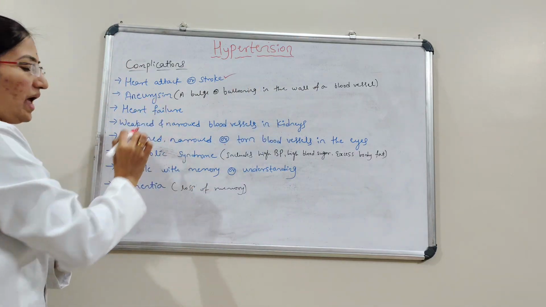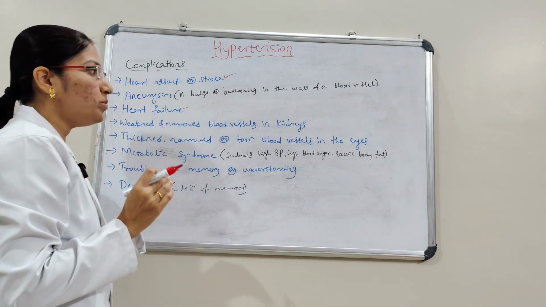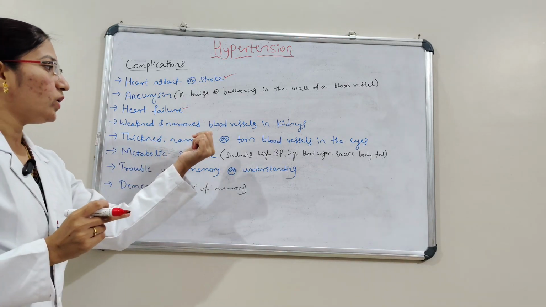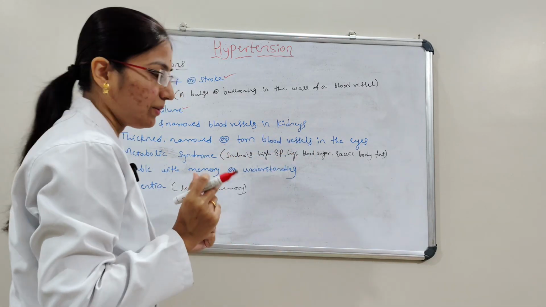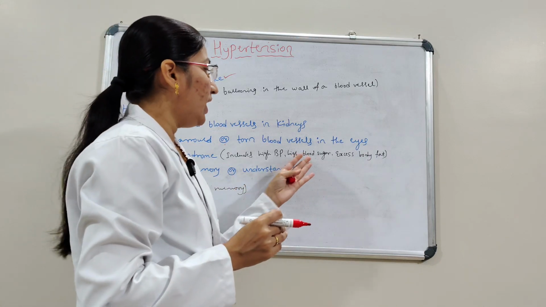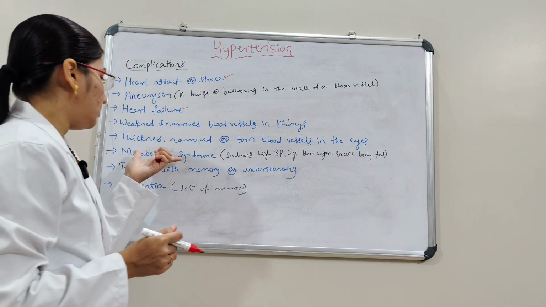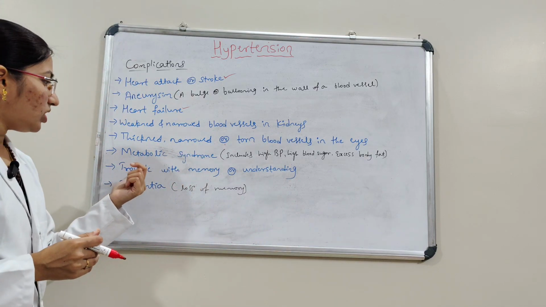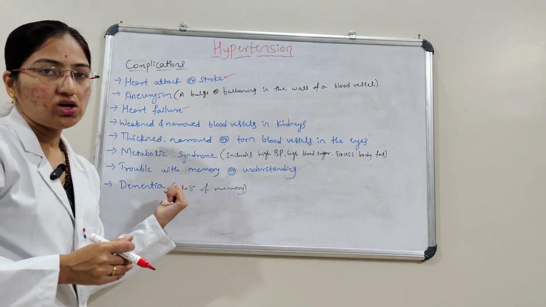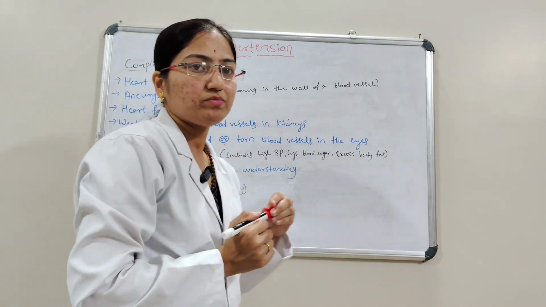And then heart failure, after that weakened and narrowed blood vessels in the kidney, and then thickened, narrowed or torn blood vessels in the eyes, and then metabolic syndrome, that includes high BP, high sugar level, and excess body fat. And then trouble with memory or understanding, and then dementia, a loss of memory. These are the complications of hypertension.